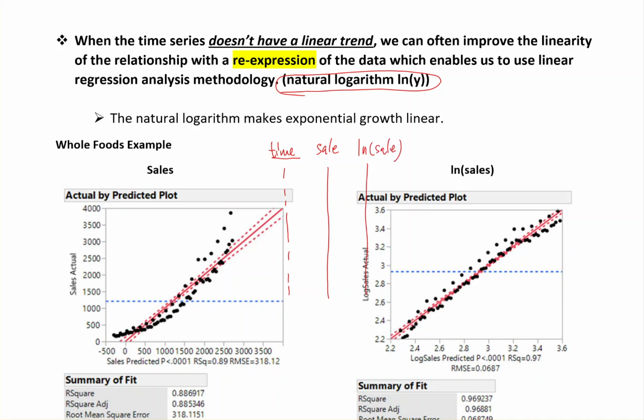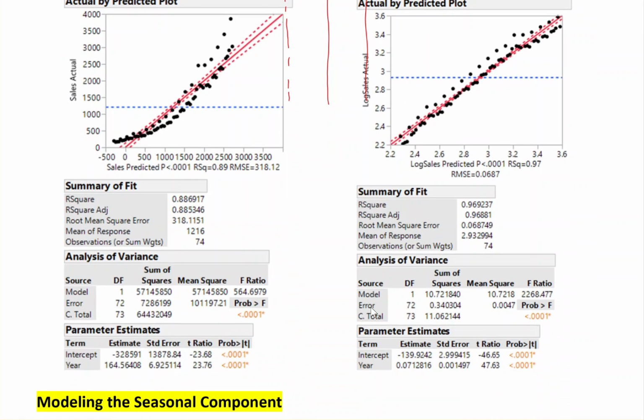I create the natural log of sales as another column, and then I ask JMP or software to make the linear regression based on the time and natural log sales, not this original y. Then you will see the linear relationship between the time and natural log of y. All right, so then you will have the model here.